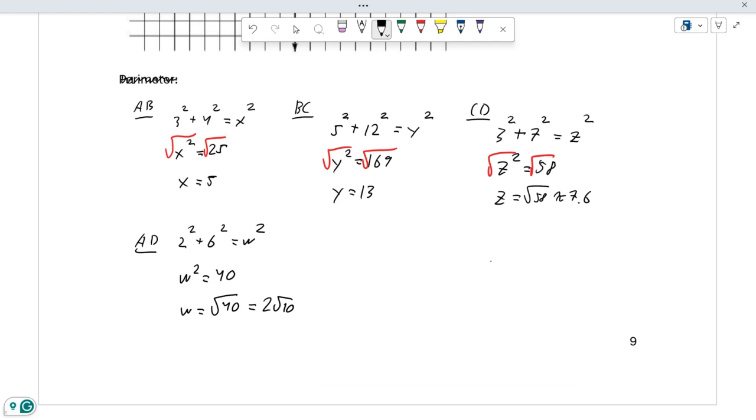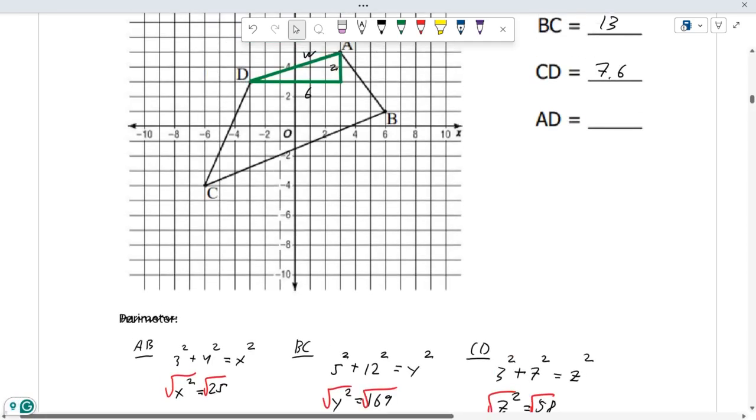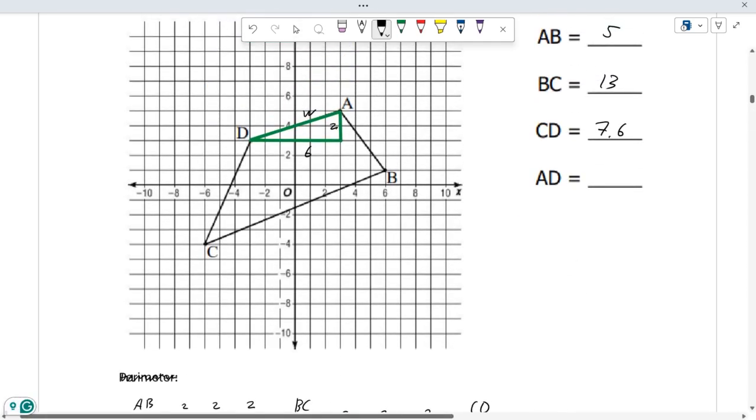And again, I think getting a decimal is probably a good idea here. I'll just do it real quick on the side here, 6.3. So this is approximately 6.3. And because we're going to find the perimeter, I think it makes the most sense to give the answer in decimal form.